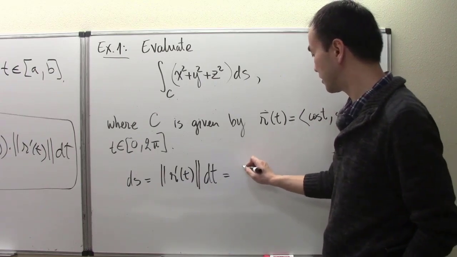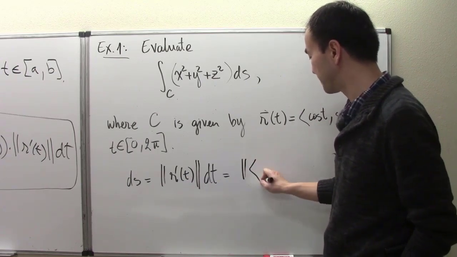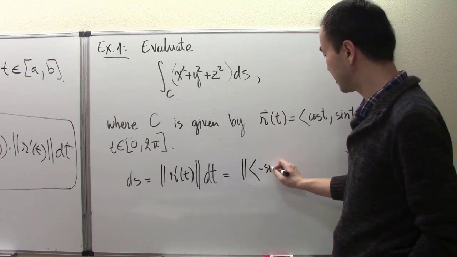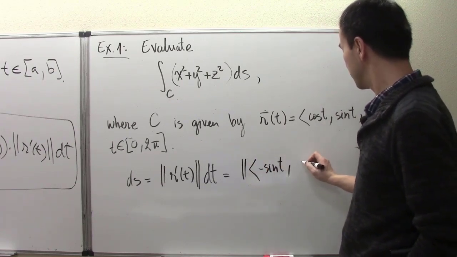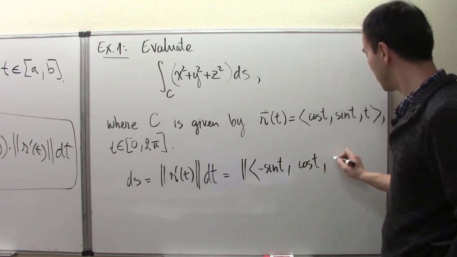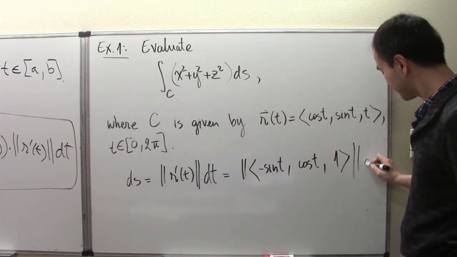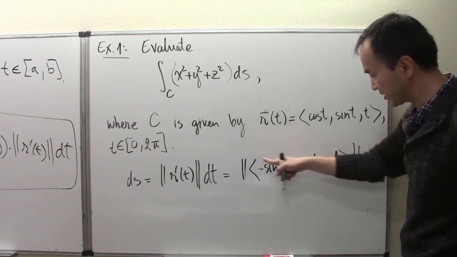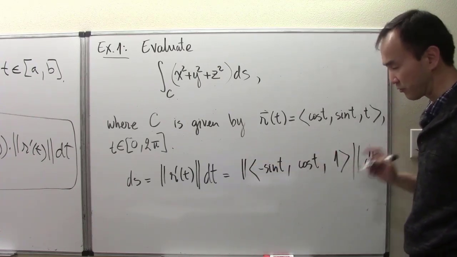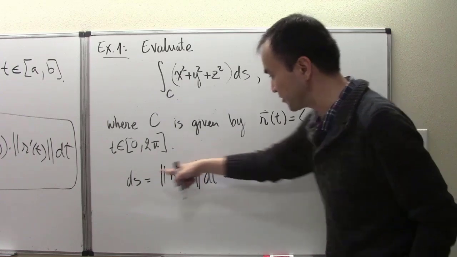So r prime of t is minus sine of t, comma, cosine of t, comma 1. The vector inside here is r prime of t. So we're taking the magnitude of that and multiplying with dt. And that's the expression that represents ds right here.